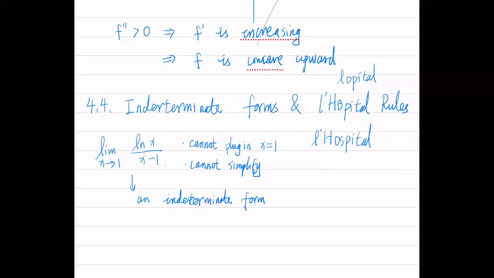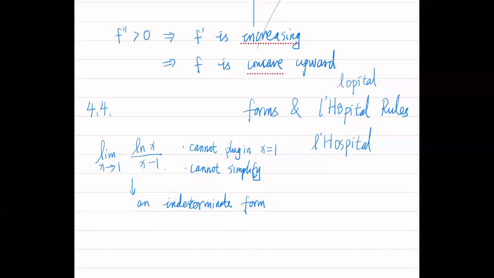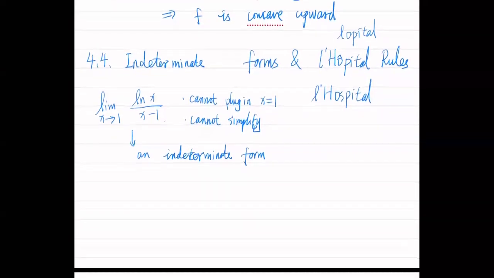In the sequel, we will introduce quite a few different types of indeterminate forms, so we will give a special name for each type. In this type, the numerator and denominator both go to 0, so we call this the 0 over 0 type.